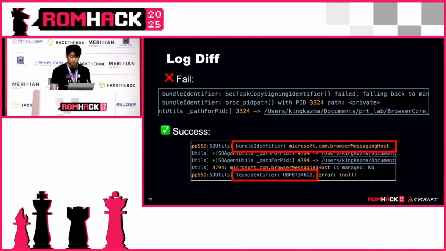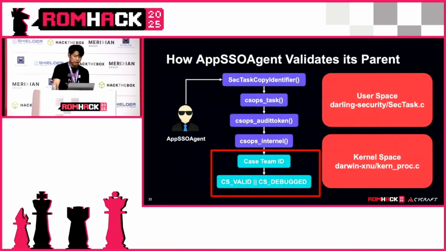So we started reversing it. And here's the key point. When AppSSOAgent retrieves information like the team ID, it checks whether the coder is valid or running in debug mode. And this explains what happened earlier, because when we patched BrowserCore, the CS valid flag became false. And when we attached LLDB, CS debug was true.